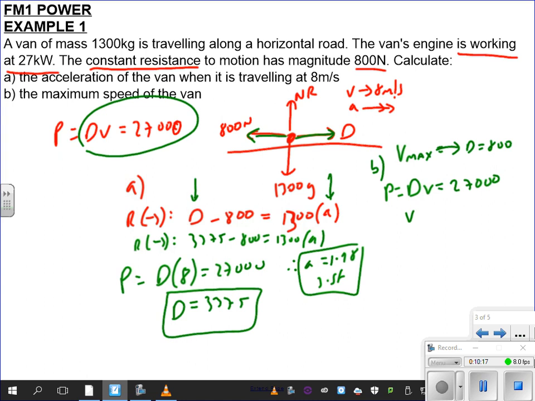So V max must be 27,000 over that D, and D is 800. So our maximum speed, 27,000 divided by 800, must be 33.75 meters per second, or 33.8 to 3SF. Okay?